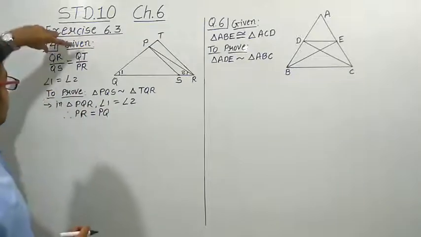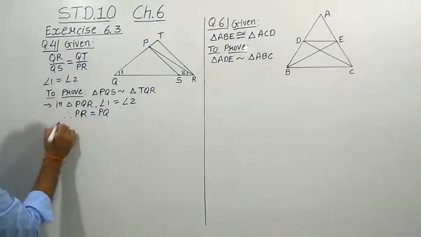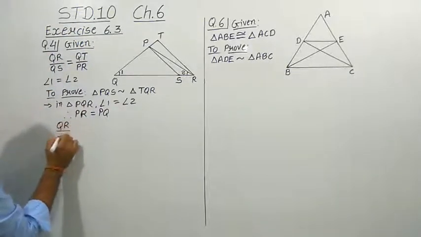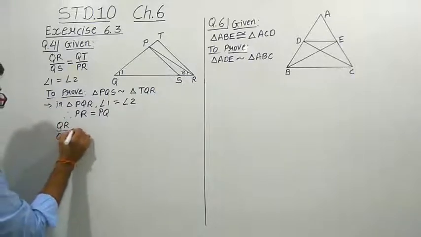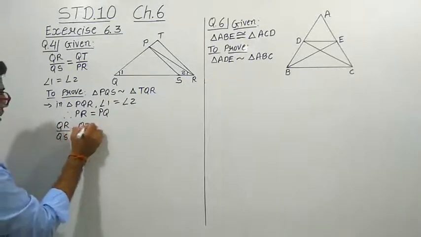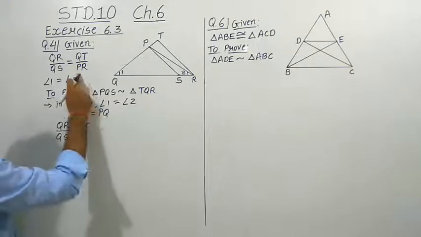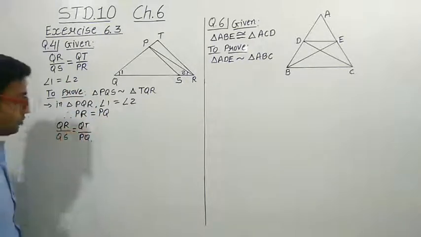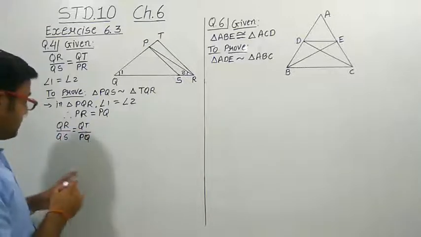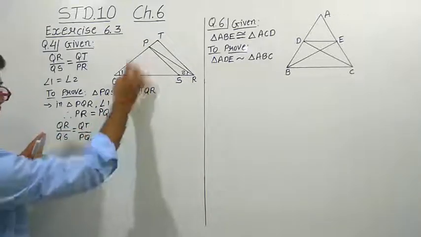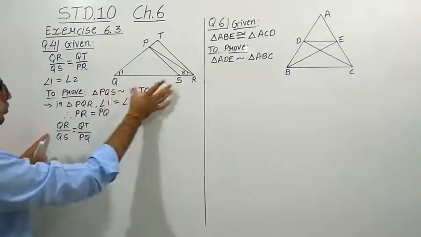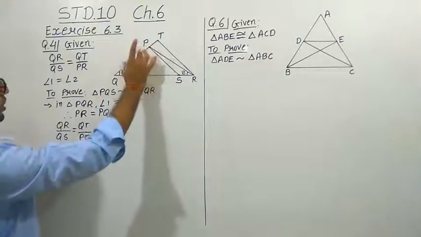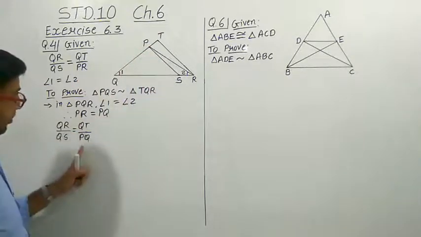So we write here that QR upon QS is equal to QT upon, instead of PR now we are putting PQ. Now see, this is the ratio of QR to QS and QT to QP or PQ.